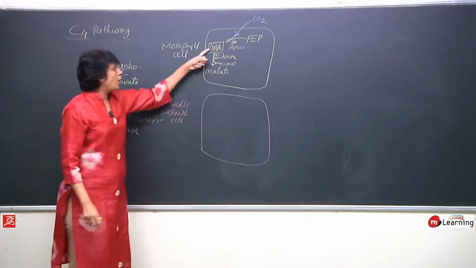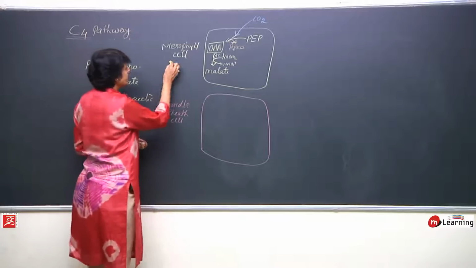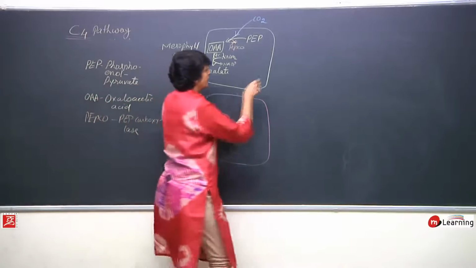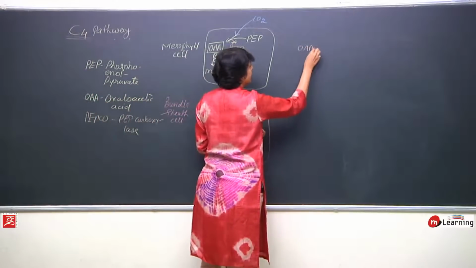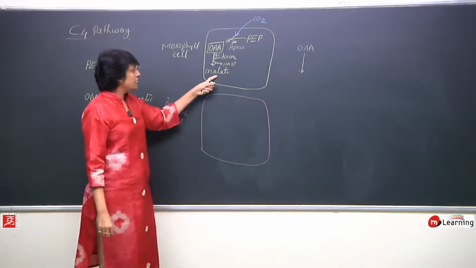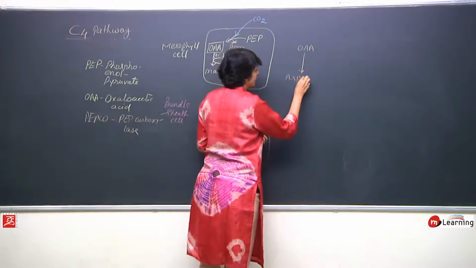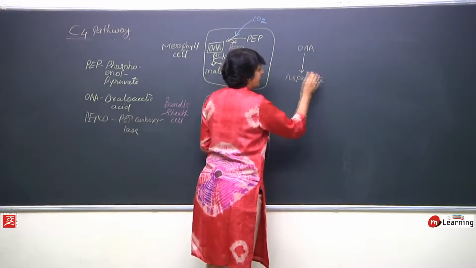There is one more possible reaction which can take place here, and let us write it on this side: oxaloacetate can change into aspartate. Instead of malate, it can also form aspartate.